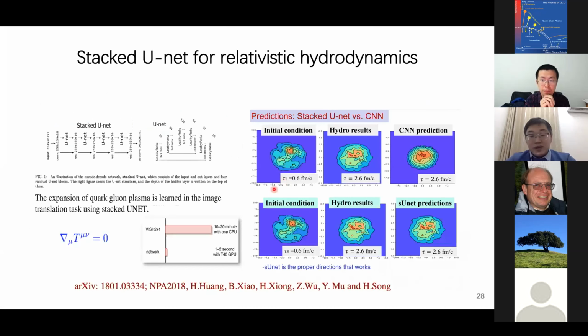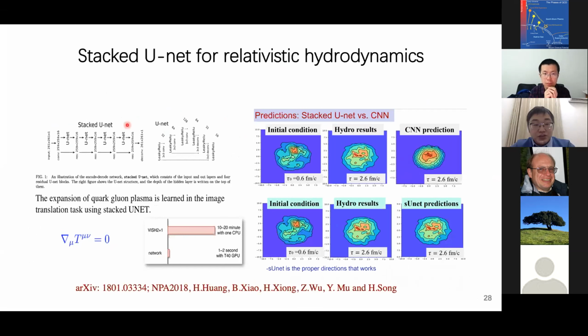People from Peking University tried to train a convolutional neural network to solve relativistic hydrodynamics, but it failed after the hydro evolved for 2 fm. Then they changed to the stacked U-Net, and it works pretty well.